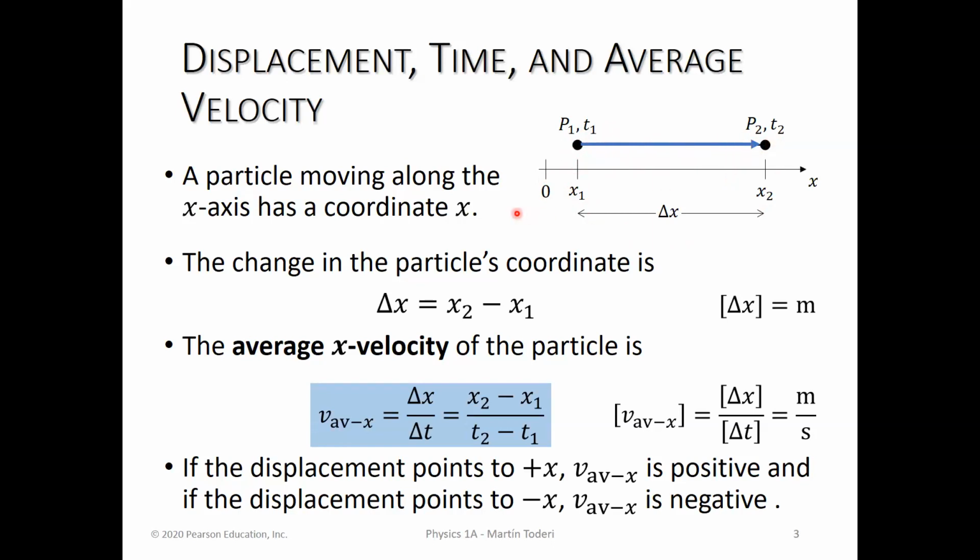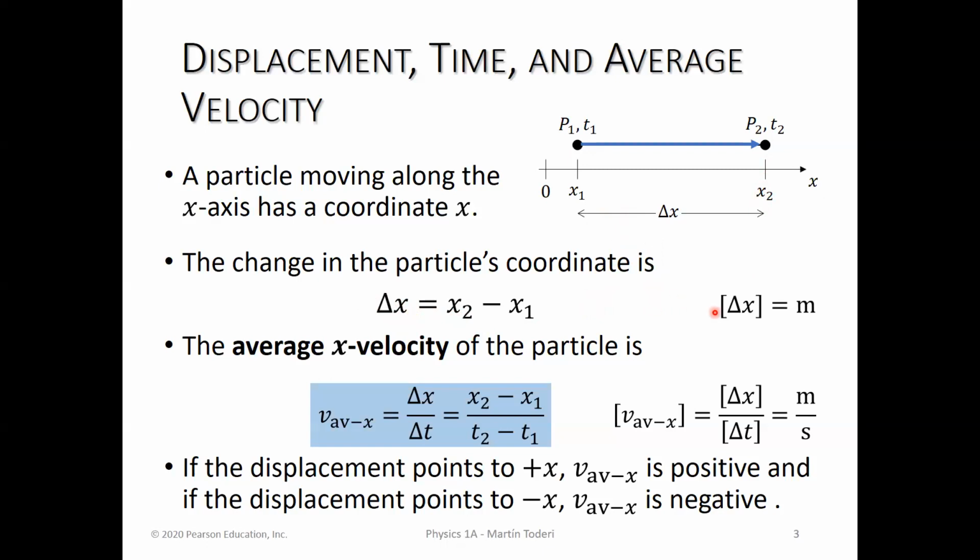That particle, we can say that it changed its coordinate by delta x. We're going to refer to differences in quantities with this Greek letter, delta. So our delta x, our displacement, will be x2, the coordinate of the particle at the end of the movement, minus x1, which is the initial position of that particle.